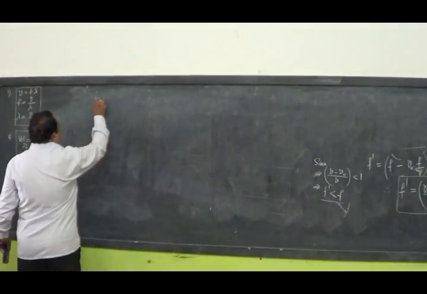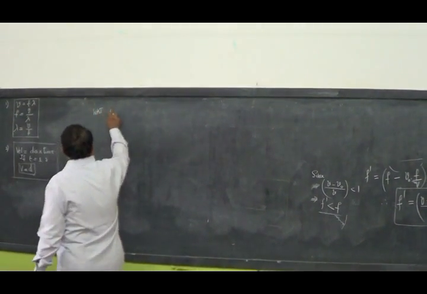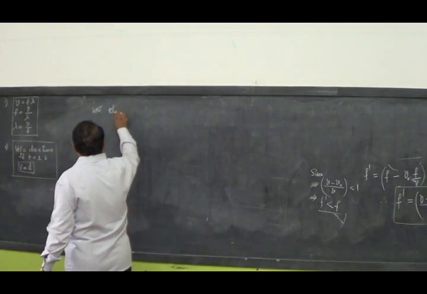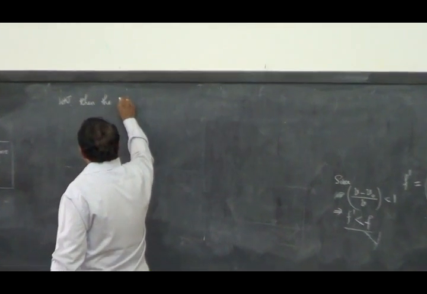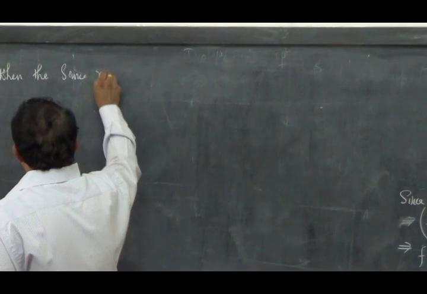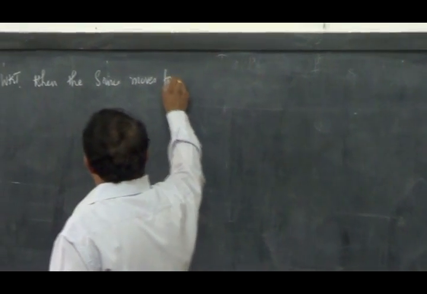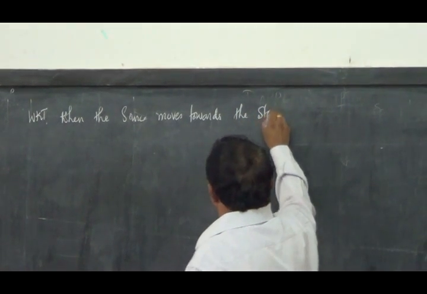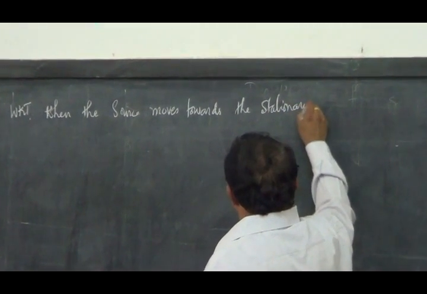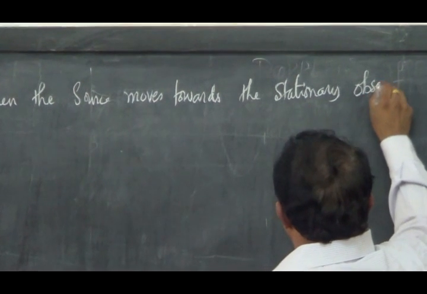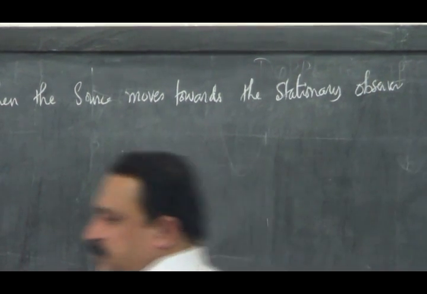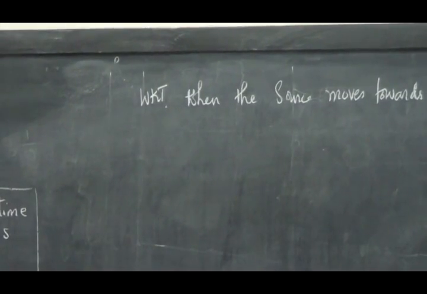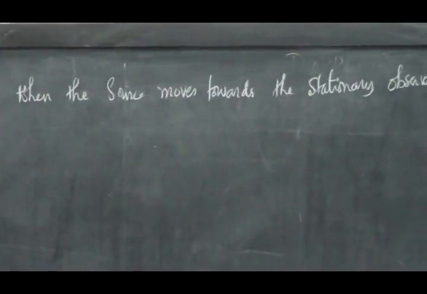We know that when the source moves towards the stationary observer, then what is the apparent frequency? The engine is coming towards the person on the platform.